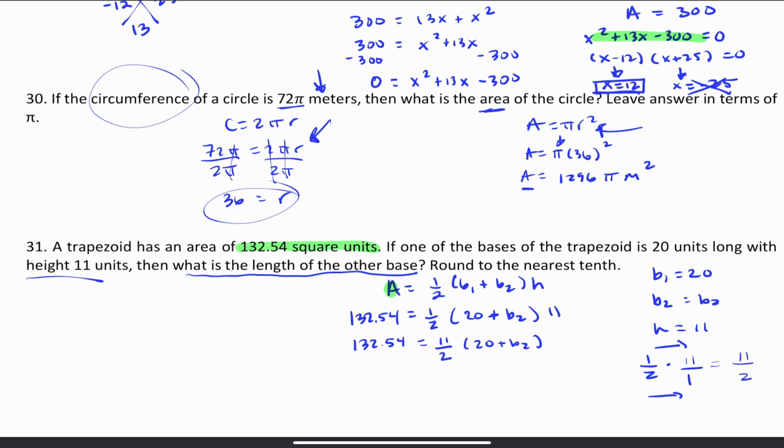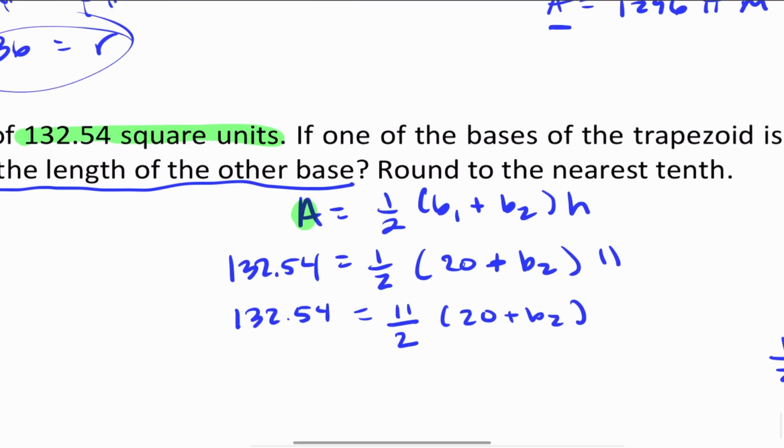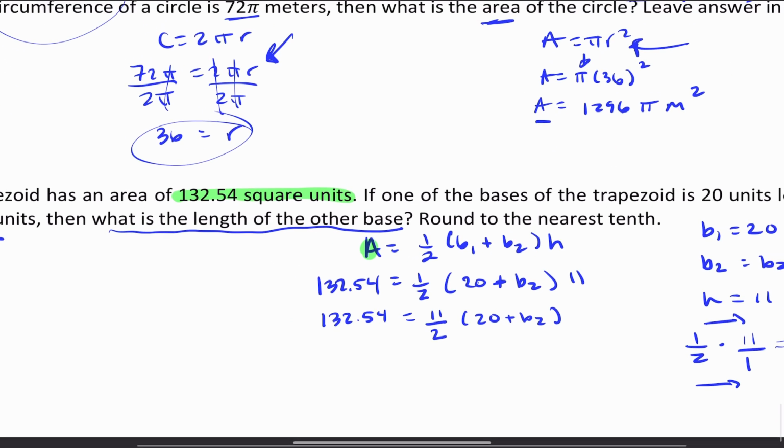Now, the trick here is, since I see this little fraction, I want to get rid of the 2 here, okay? So I'm going to multiply the right-hand side by 2 and the left-hand side by 2. So what am I going to get? 132.54 times 2 is this number.